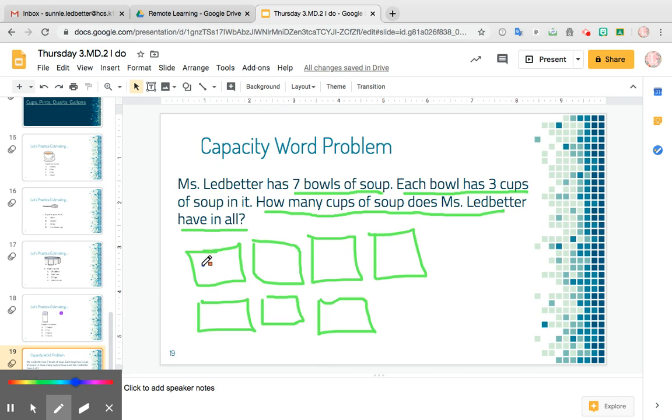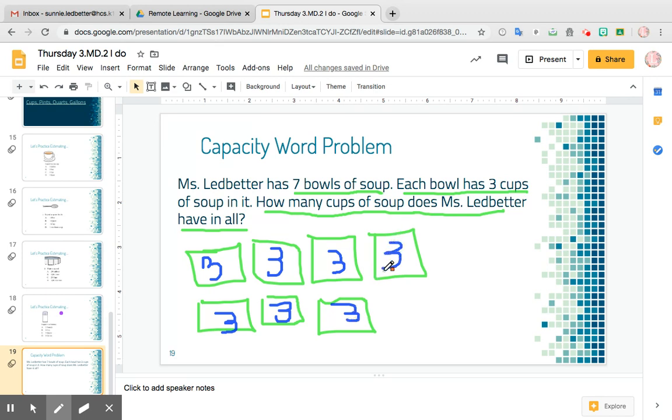So put 3, 3, 3, 3, 3. Here's my 3 cups and 3 cups. How many cups of soup does Miss Ledbetter have in all? Well, I'm going to multiply. I'm going to multiply 7, there's my 7 bowls, times 3.